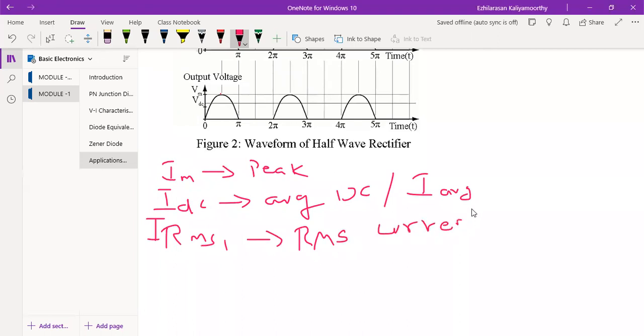Even this term we need to calculate. The next term is VDC. Same as IDC, VDC also. Then we are going to calculate the V0. The V0 is nothing but the output voltage.